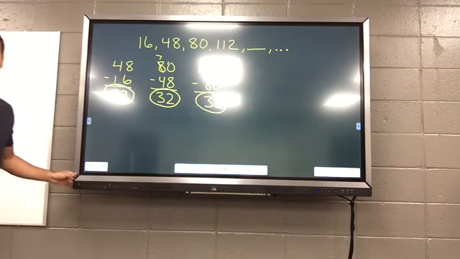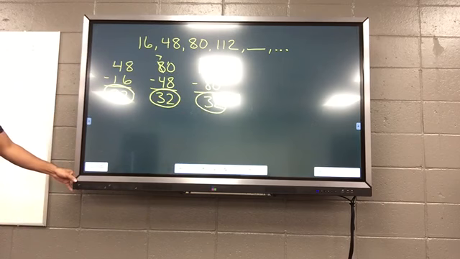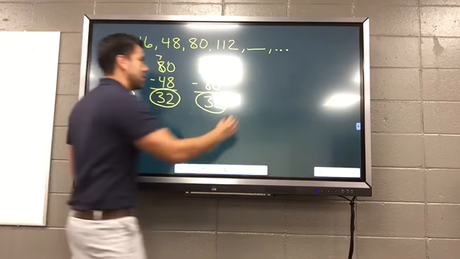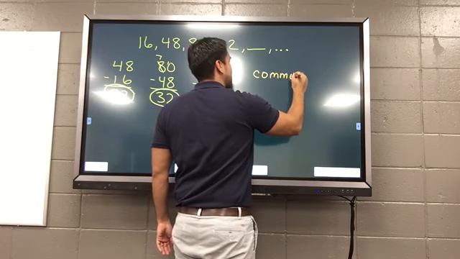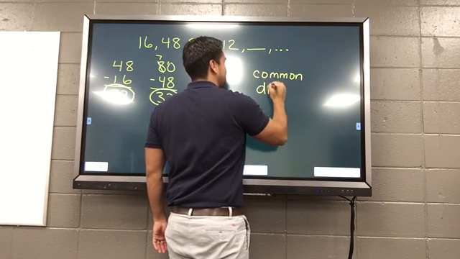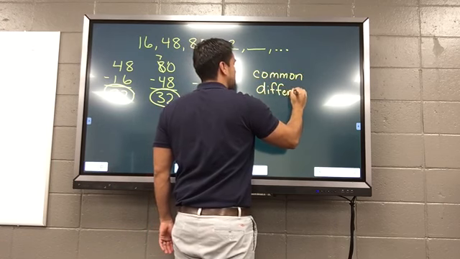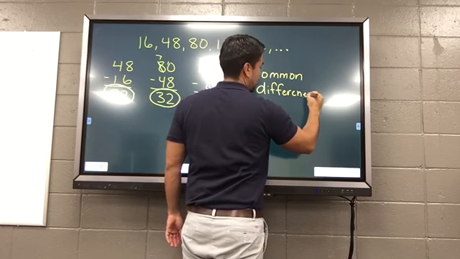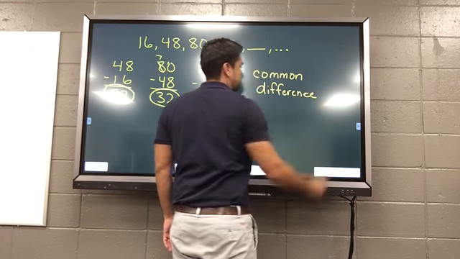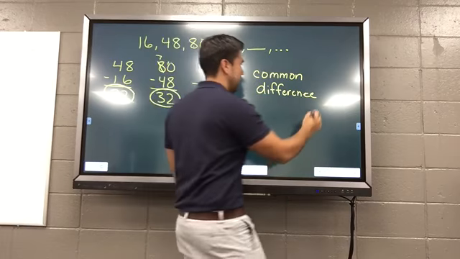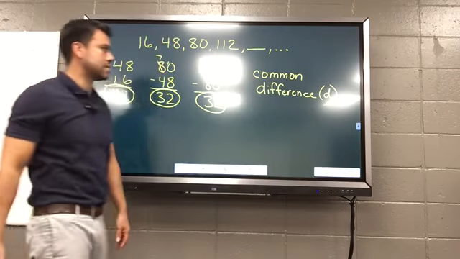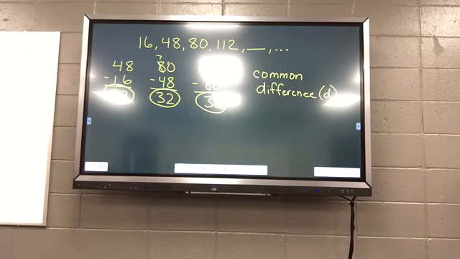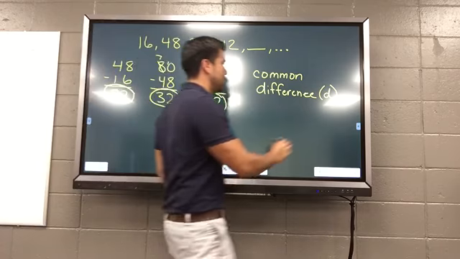Do we have a common difference? The common difference is labeled D. And what is the common difference in this problem?